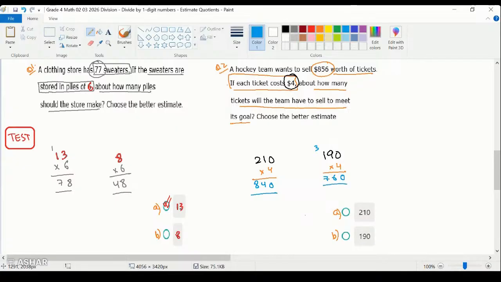Out of these two options, which one is a better estimate? Which number is closer to 856? 840, right? And 840 we got by multiplying 4 by 210. It's not accurate, but it's the closest. They're saying choose the better estimate, right?